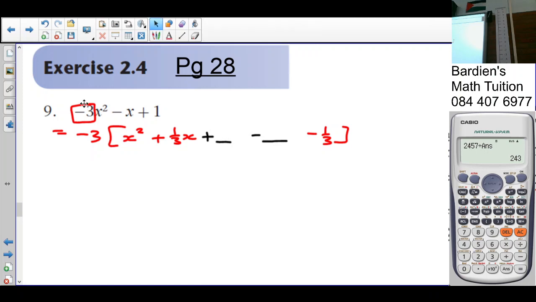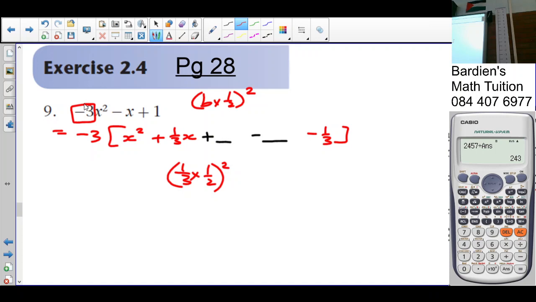And what is the number in this case? It's a third times a half, and it must be squared. So it's a third times a half squared, which is 1 over 6 squared, which is 1 over 36.